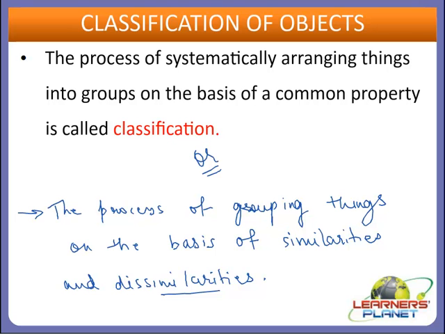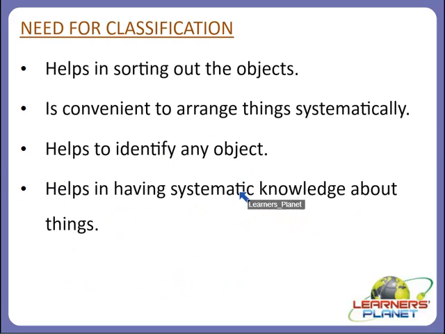So this process of systematically arranging things into groups on the basis of similarities and dissimilarities is known as classification. Now you must be thinking, why do we need classification? So now let us discuss the need for classification.